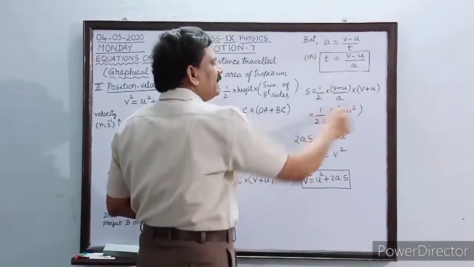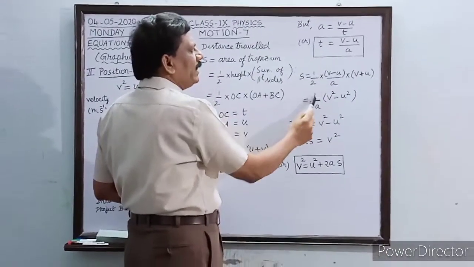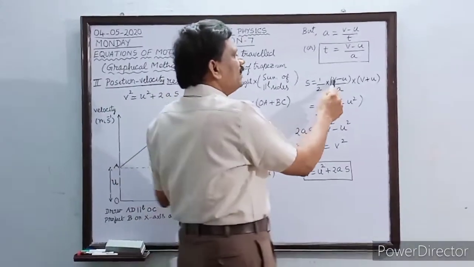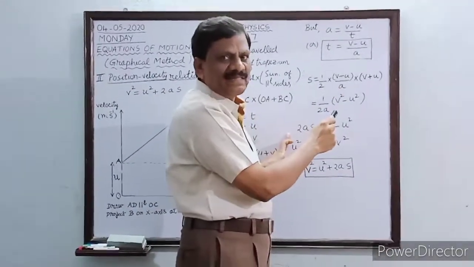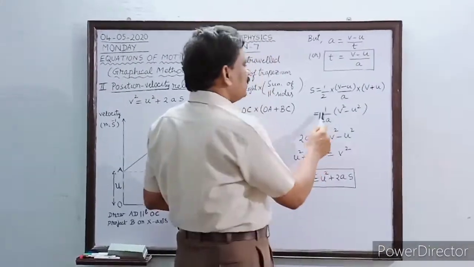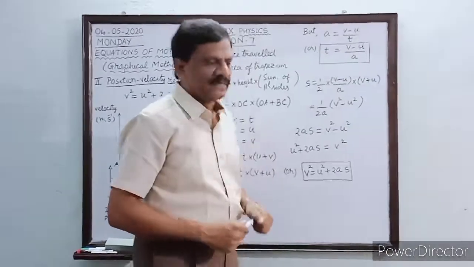So, rearranging this, it can be written as s is equal to 1 divided by 2a, this 2 into a will become 2a in the denominator, into, this is of the form (a minus b) into (a plus b). That is equal to what? a square minus b square form. So, this is also equal to 1 by 2a into (v square minus u square).